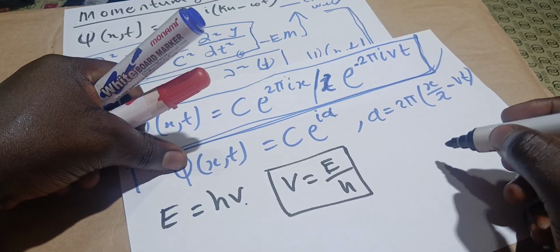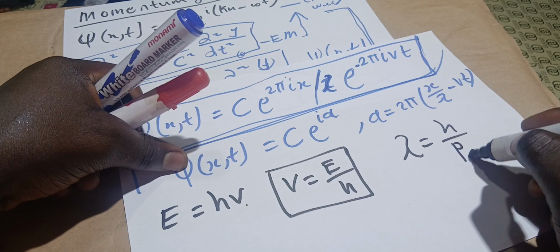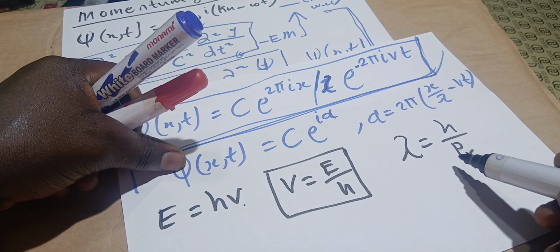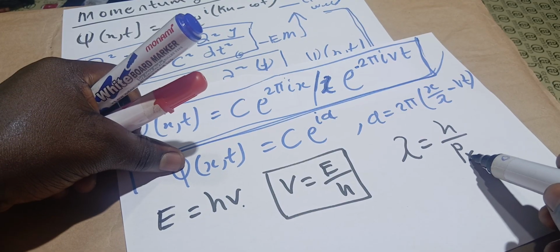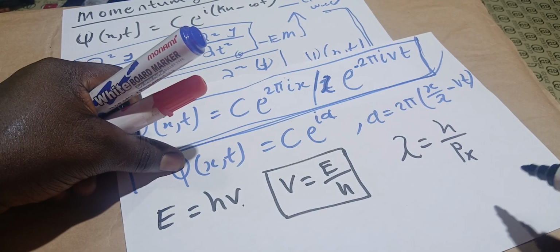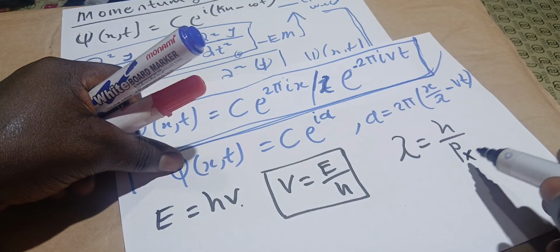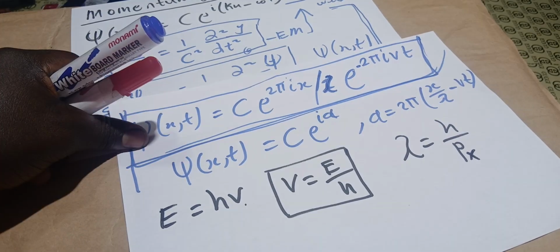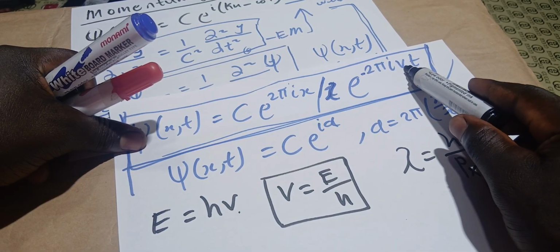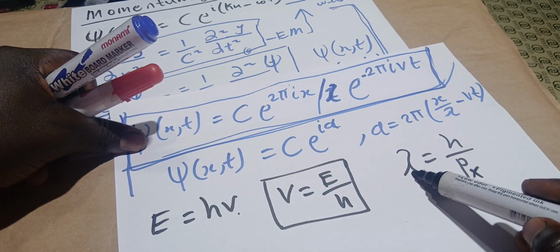And de Broglie's relation is lambda equals h over px, where px is the momentum in the x direction. It could be in the y direction or z direction when we are talking about other dimensions, right? Now we are looking at this in 1D, which is only the x direction. So what we want to do now is substitute the value of v here and the value of lambda there.